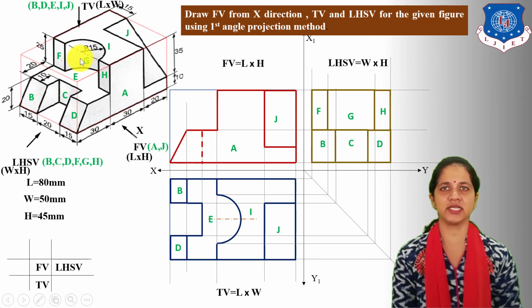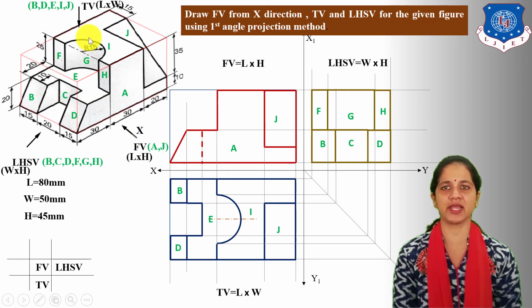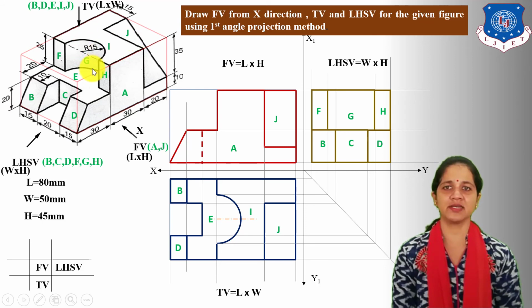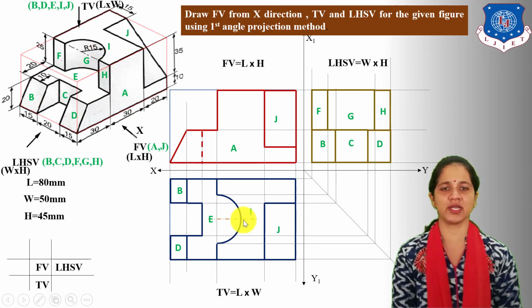Next, locate the G surface in the front view. From the front direction we cannot see the circular G surface. From the front direction, the G surface is projected as a flat surface but it is not directly visible. So first take the length projection from the top view.